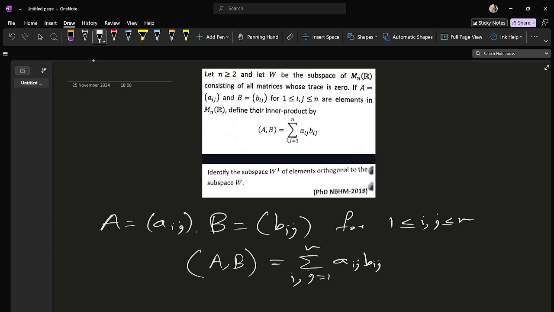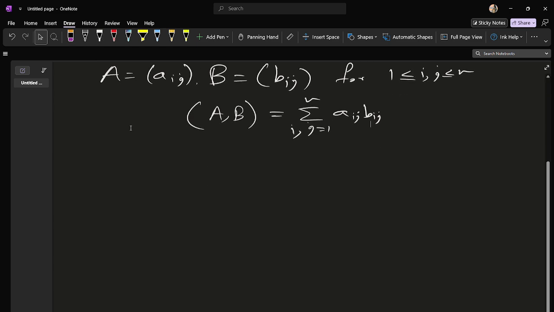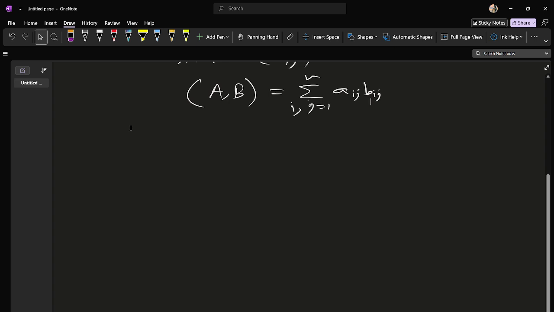Okay, I think this is not such a tricky question because we can do it in this manner. Firstly, we are going to think about 2 by 2 matrices. That means let n be 2 in particular.